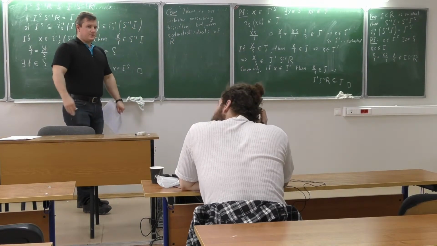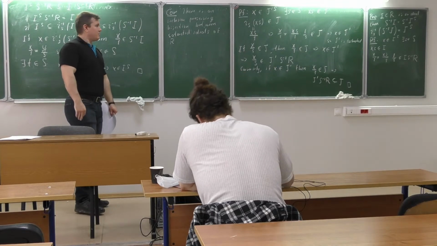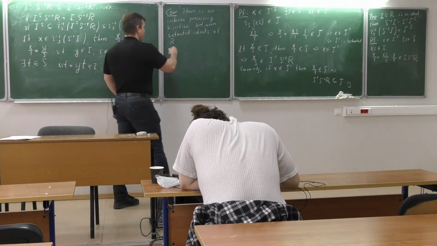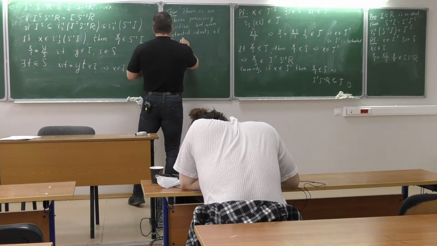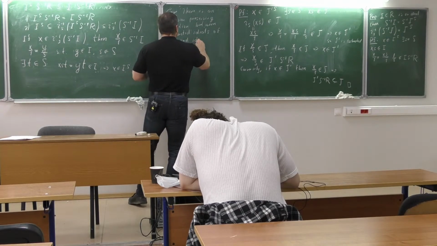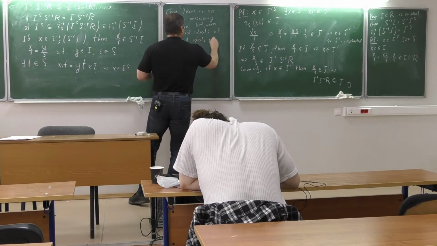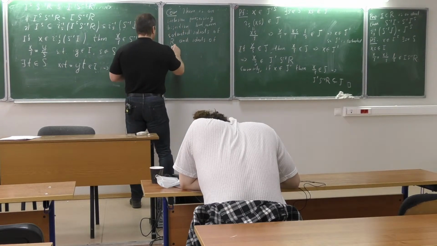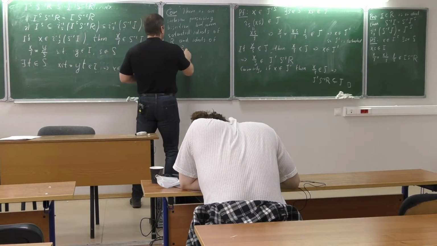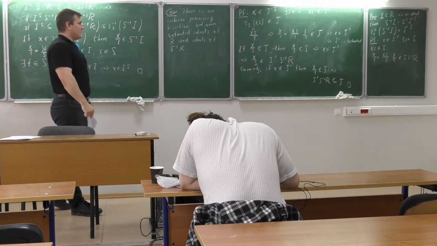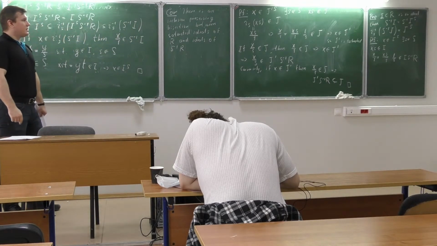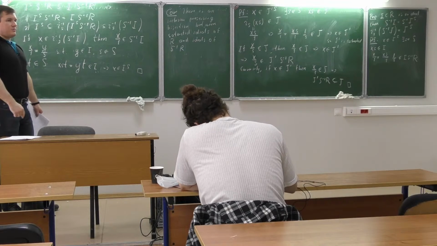Yes, so the ring is fixed, the set is fixed, and then there is a bijection between saturated ideals of the ring R and ideals of S inverse R. So in some sense we have a description of the ideals in localization in terms of the ideals of the original ring.